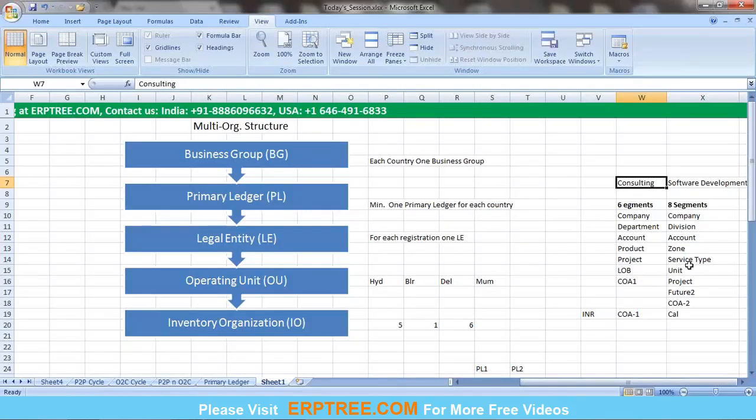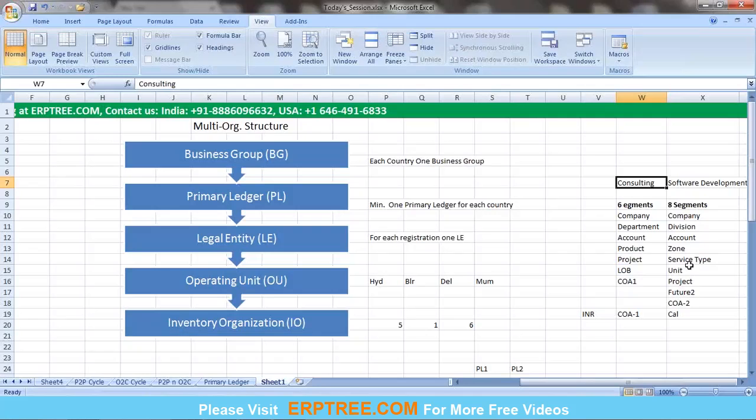When you say segments, those can be managed with a chart of accounts. If a company has a different chart of accounts for different businesses, that will result in multiple primary ledgers within one country also.